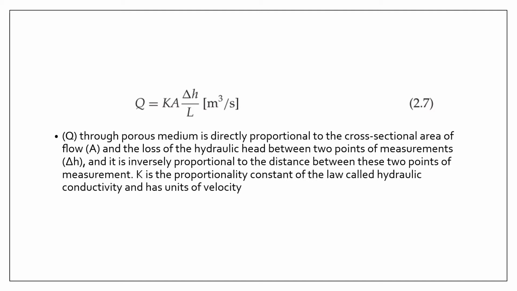And for most calculations, L, the length of flow, is typically simplified as a one-dimensional quantity, meaning L is about going from point A to point B. So most problems in groundwater flow are simplified into 1D problems.